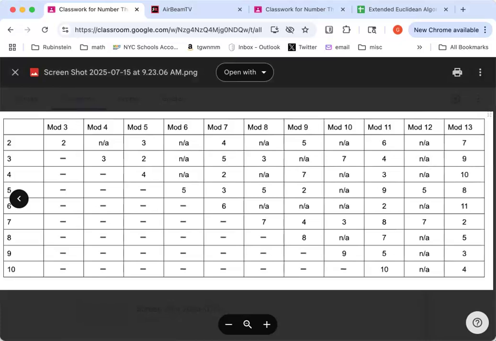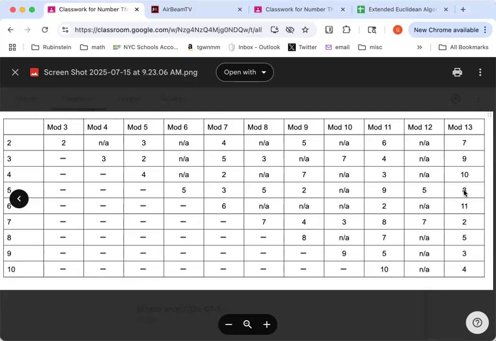And if you like, I think it's worthwhile you look at it and say, huh, I don't believe one of these. So let me try it out. 4 in the fourth row times 10 is 40. And 40 is one more than 39, which is a multiple of 13. That's why 10 is the right answer, because 4 times 10 mod 13 is 1. 5 times 8 is also 40.